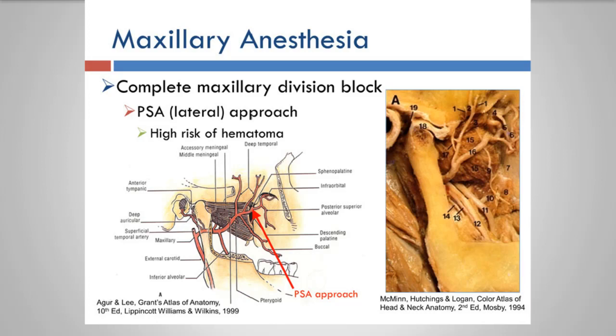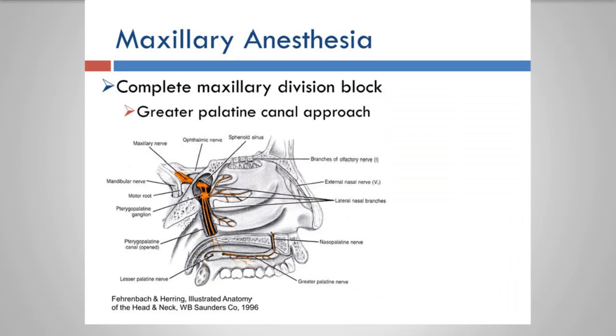You can see right here on this dissection picture on the right side, this little clump of blood vessels are the vessels going into the foramina of the posterior superior alveolar nerve canals. And if we're going to take that needle up higher into this area, here's all these terminal branches of the maxillary artery. And by the way, this dissection is only illustrating arteries. It doesn't show any veins.